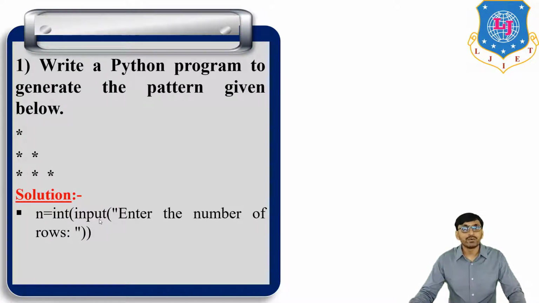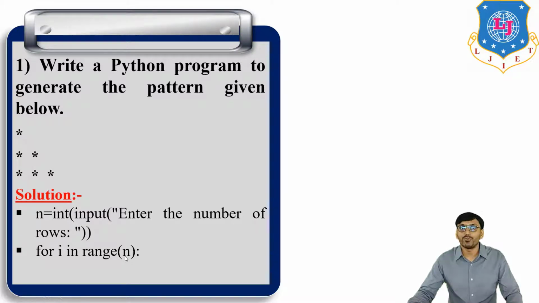What is the input function? Whatever we enter in the input function is in the form of a string, and if we want to convert that string into an integer, then we use the int function before the input function. Then, for i in range(n).